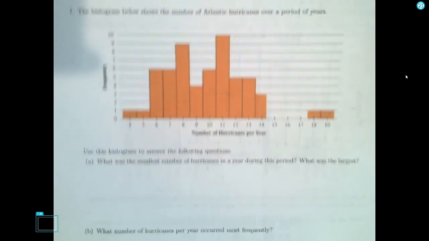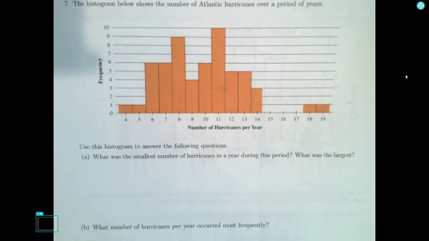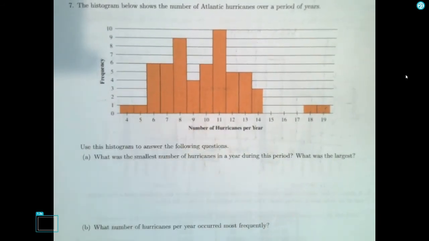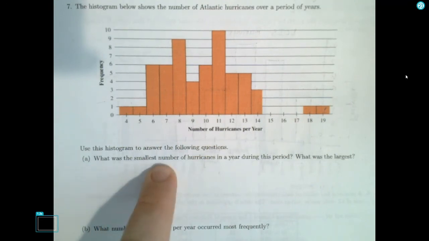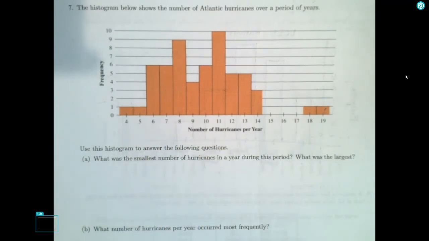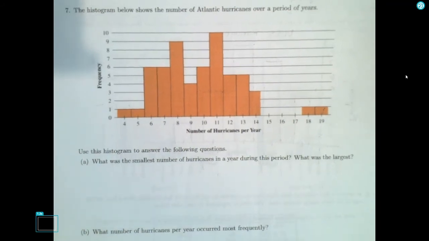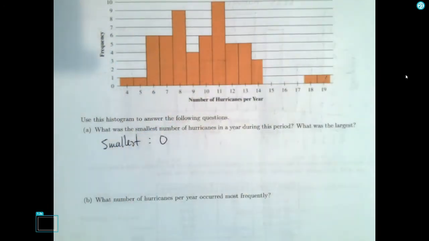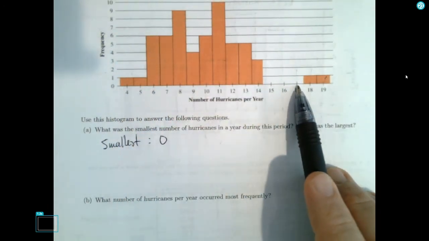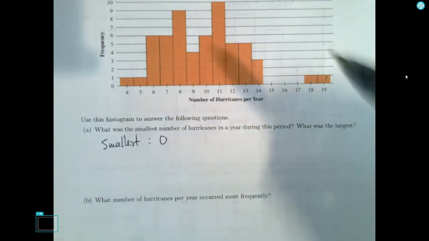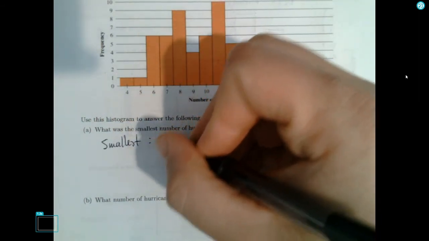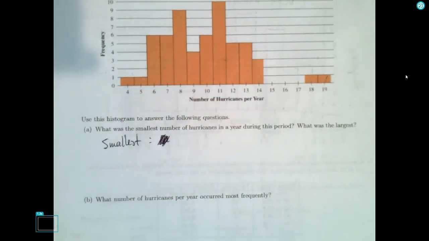Thank goodness we're on the West Coast. No hurricanes. All right, so let's use this histogram to answer these questions. It says, what was the smallest number of hurricanes in a year during this period? And then what was the largest? Oh, no, I'm sorry, I was confusing myself. What's the smallest number of hurricanes?